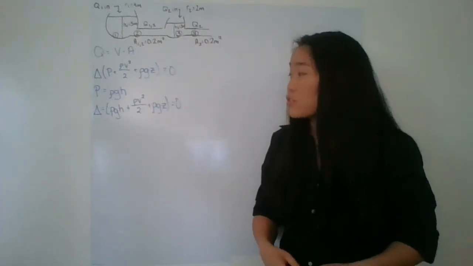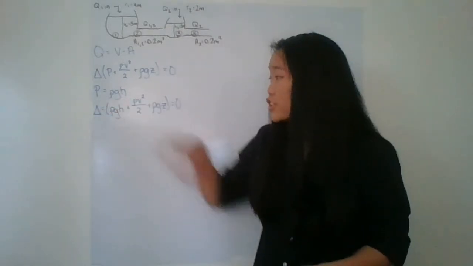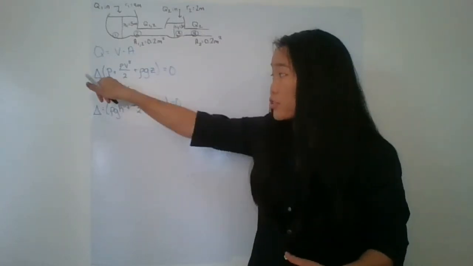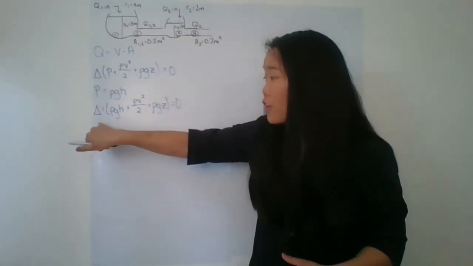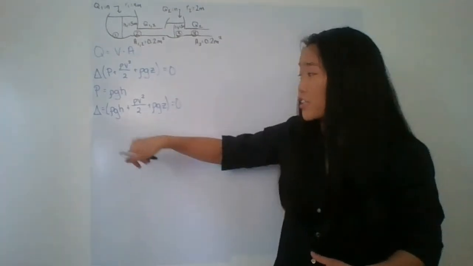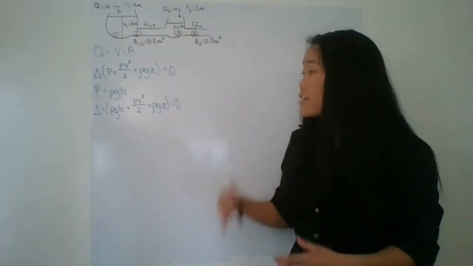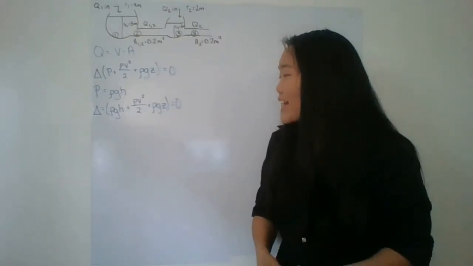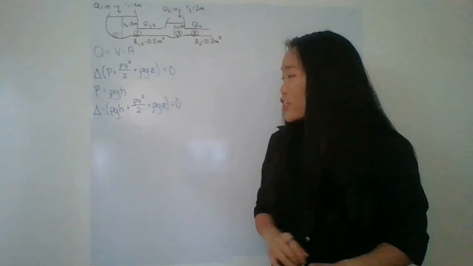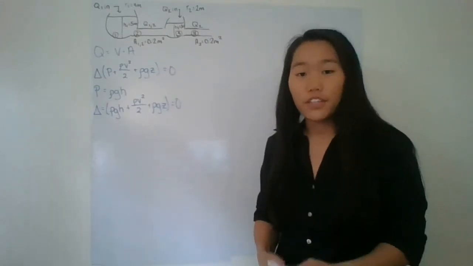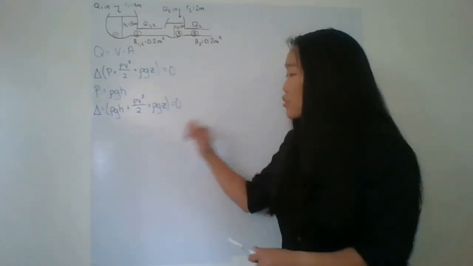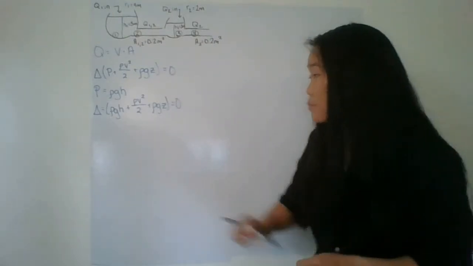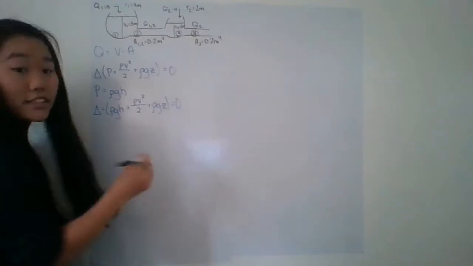And the fluid pressure is rho g h, and we'll be substituting this equation in for pressure, which is P in Bernoulli's equation. So it's now the change in density times acceleration due to gravity times the height plus density times velocity squared over 2, plus density times acceleration due to gravity times the height of the fluid relative to our point equals 0. We're going to rewrite the delta symbol in terms of the varying heights and velocities.